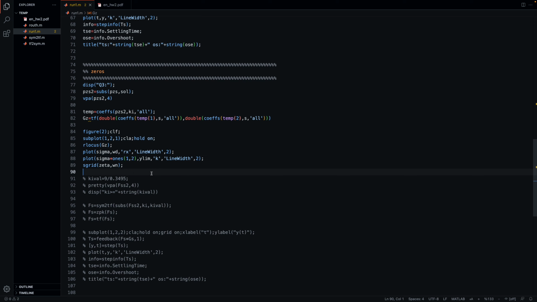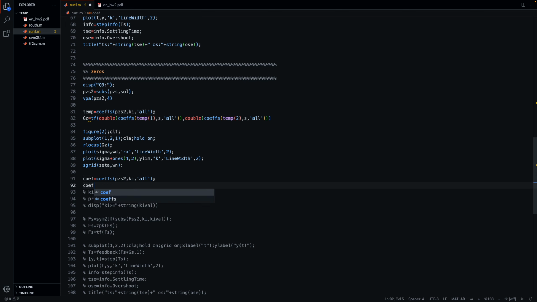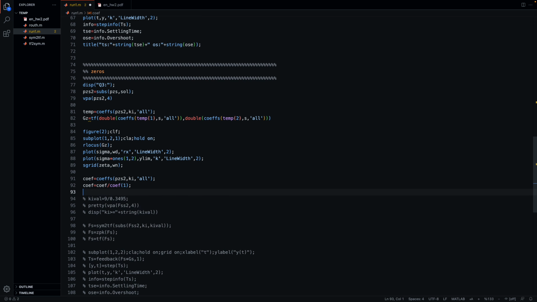Now, I know that the coefficients, so let's call it coefs of PZS2, depend on Ki. So let's get the coefficients here. But I'm going to normalize it so that the first term is going to be 1. And I have something else in my mind.